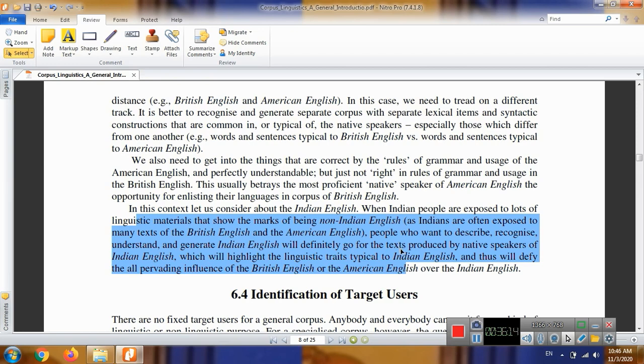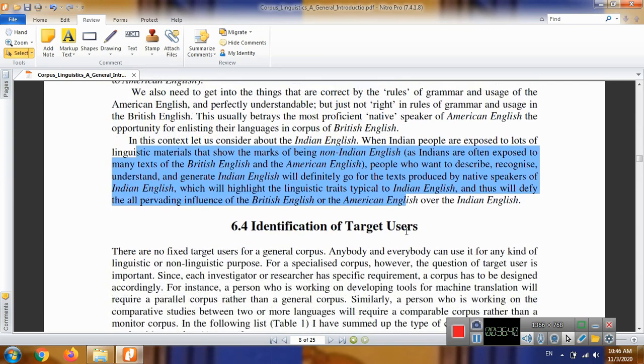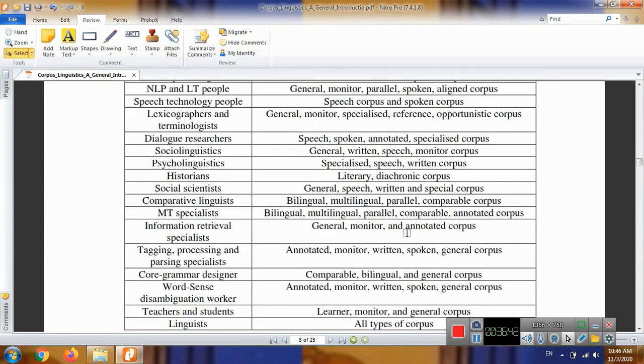People who want to describe, recognize, understand and generate Indian English will definitely go for the texts produced by native speakers of Indian English, which will highlight the linguistic traits typical to Indian English and thus will defy the all-pervading influence of British English or American English over Indian English.